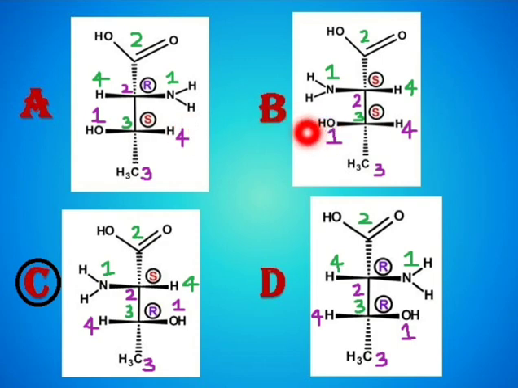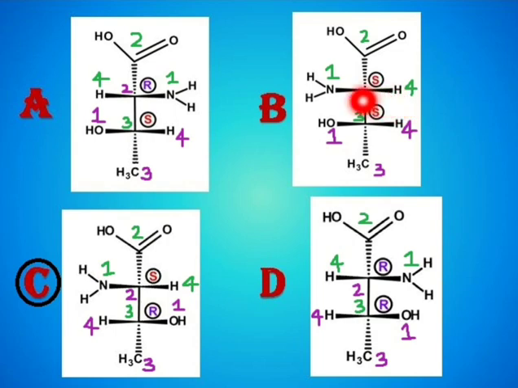Let us move on to option number B. Again I have done the same exercise for carbon number 2 and carbon number 3. I have given priorities 1, 2, 3 and 4 according to the atomic number, and on moving from 1 to 2 to 3 it is clockwise.